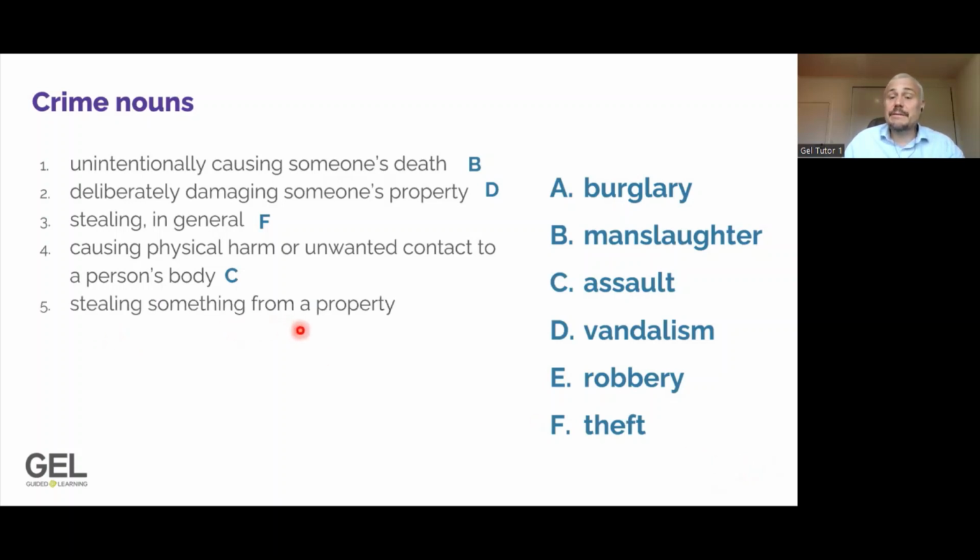Stealing something from a property. Look at the next question and choose the correct type of crime. For this crime, we use the word burglary. Burglary means to steal something from someone's property.